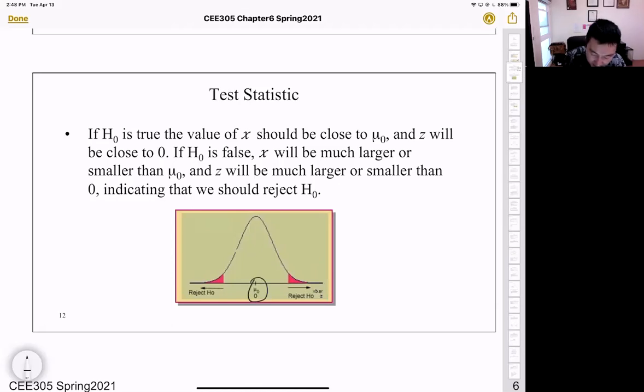If H0 is not true, then x-bar will be either much larger or much smaller than the mean value mu 0, so the z-score will be either very large or very small compared to 0. If the z-score falls within a so-called rejection region, because it's either too large or too small, then we should reject H0.